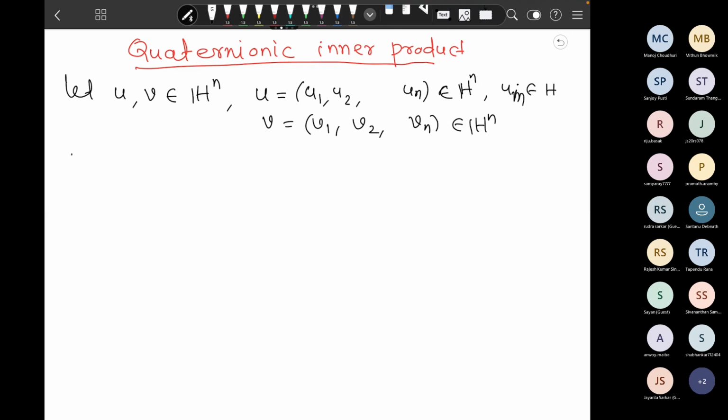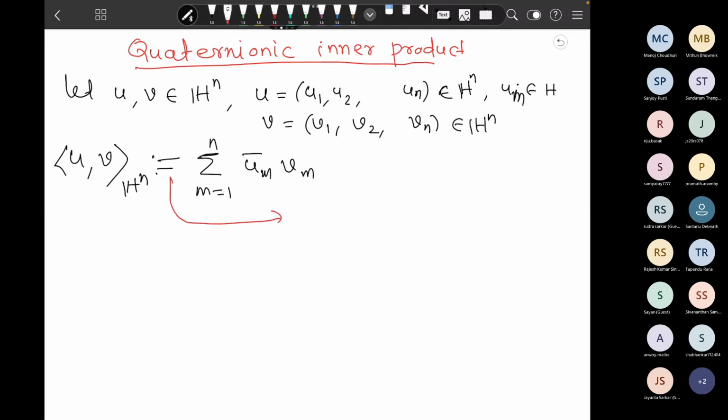So I define the inner product of U and V on H^n as the sum over m equal to 1 to n of Um bar Vm. This is called the standard quaternionic inner product.